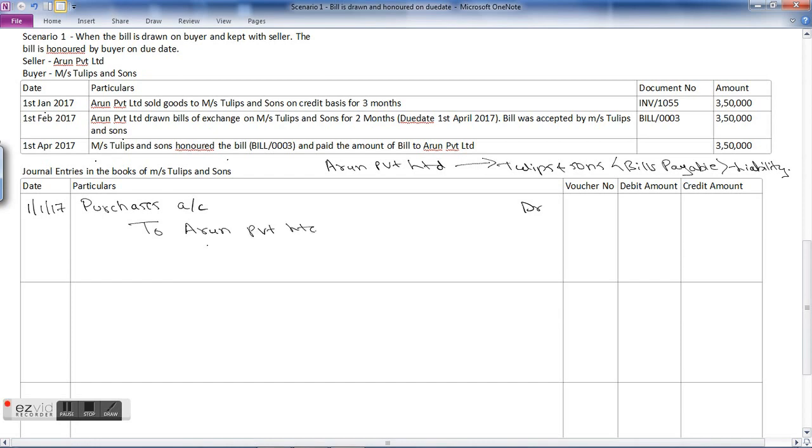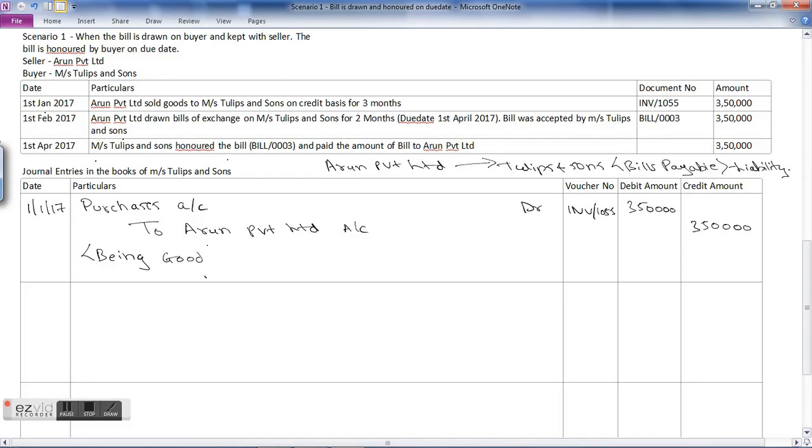Arun Private Limited account. Okay, and the voucher number, I'll put it as invoice number only. Then the debit amount 3,50,000. The voucher number may be different than the invoice number in case of Arun Private Limited. That depends on your numbering system and voucher number system.